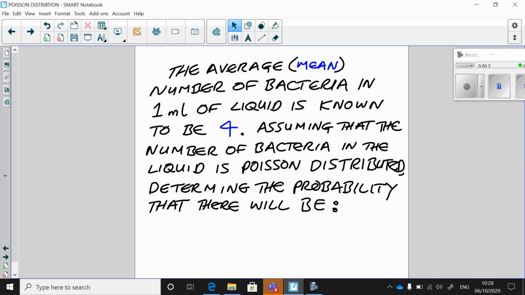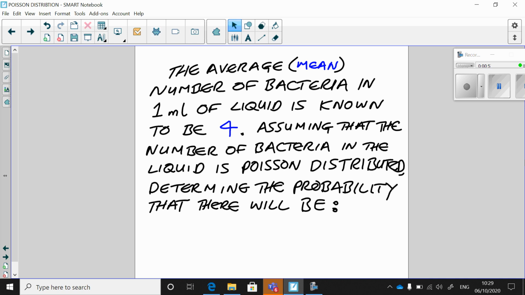So we're getting all sciencey here. I'll give you a little bit of time to take that in, read my writing. So, seen as an average, the mean number of bacteria in 1 milliliter of liquid is known to be 4.